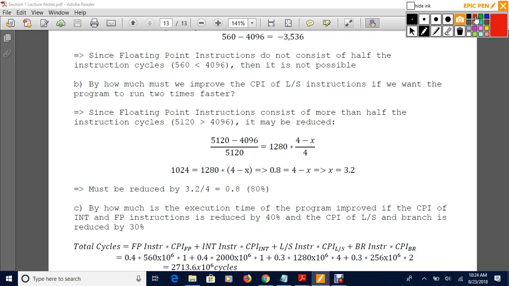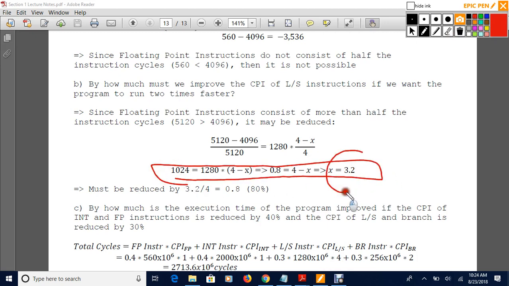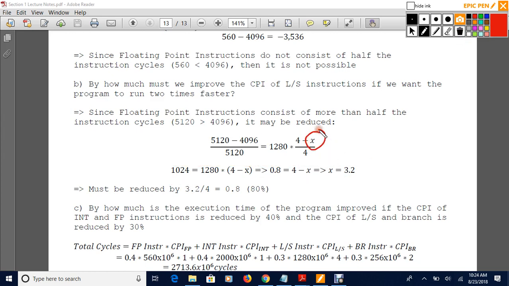So what's going on here is I solve for x, and x becomes 3.2, right? So what this means is, how much must I reduce the CPI to get it down so this works out? When we figure this out, 1,024 is the result of 5,120 minus 4,096, right?